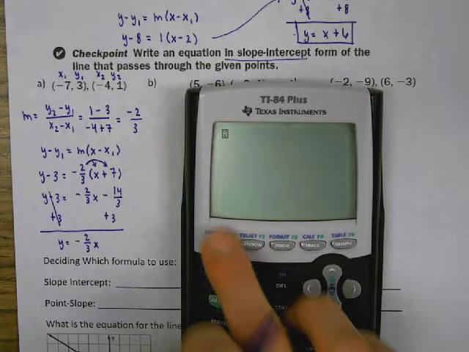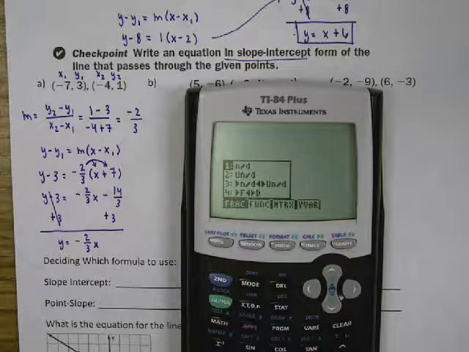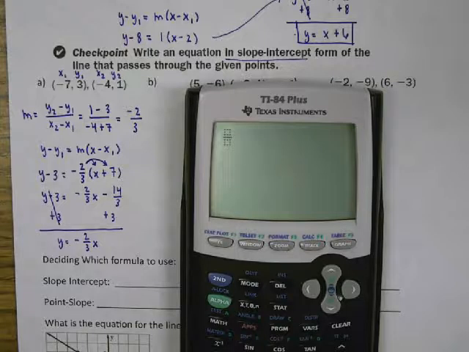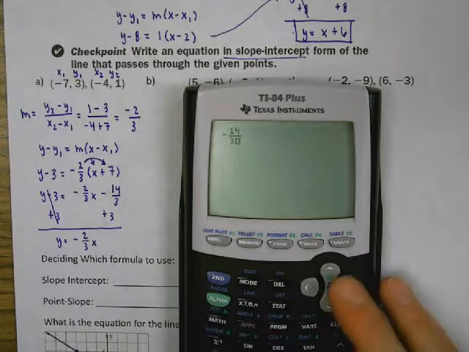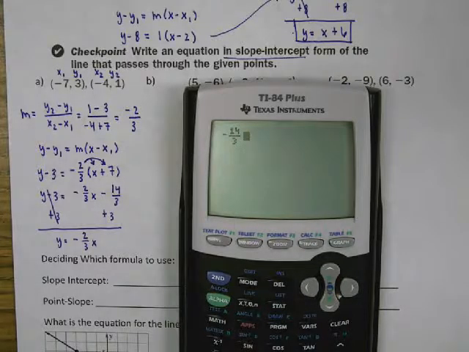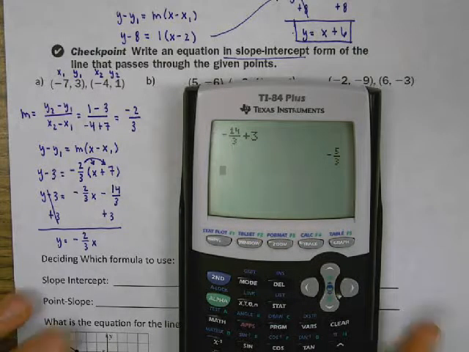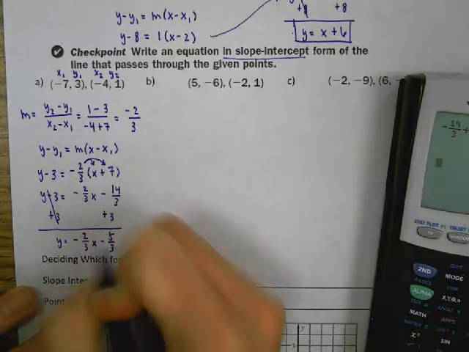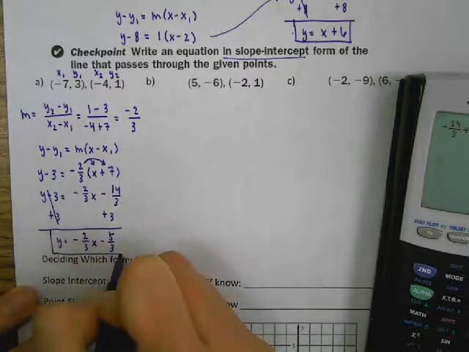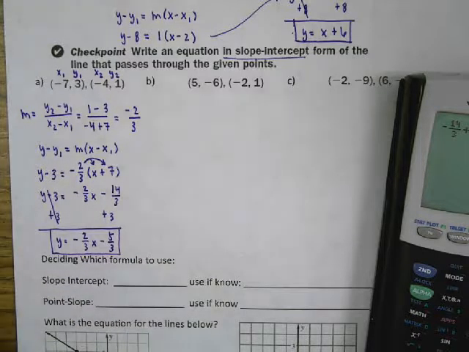There's my n over d key. So I have negative 14/3, and then I'm adding 3, and so my y-intercept is minus 5/3. And there's our equation in slope-intercept form.